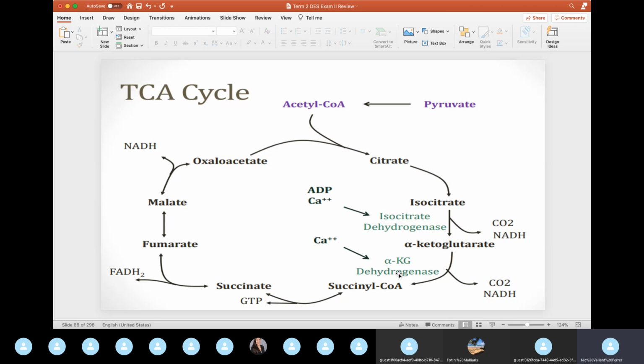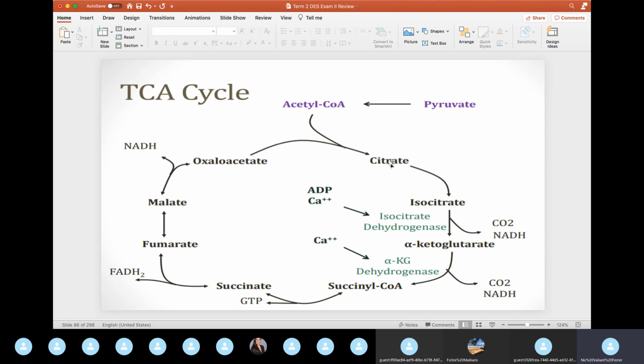Another one, succinyl-CoA synthetase, it generates GTP. So the enzyme from succinyl-CoA to succinate is succinyl-CoA synthetase. An important intermediate here is citrate. It functions to shuttle acetyl-CoA out of mitochondria for your fatty acid synthesis.